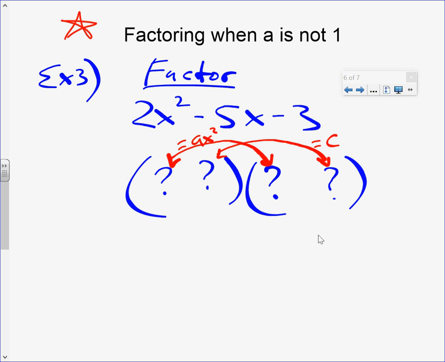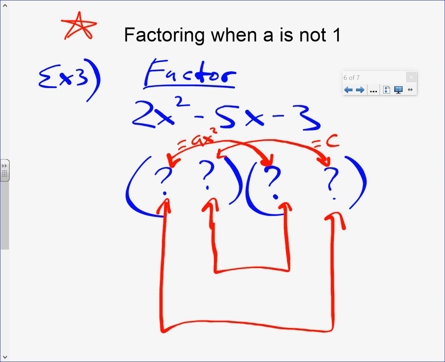Here's how. Go ahead and put a little arrow under this one, bracket, and then that one, and then an outside bracket, these two. So these two question mark slots multiplied plus these two question marks multiplied, whatever I get here and here is going to have to equal bx.